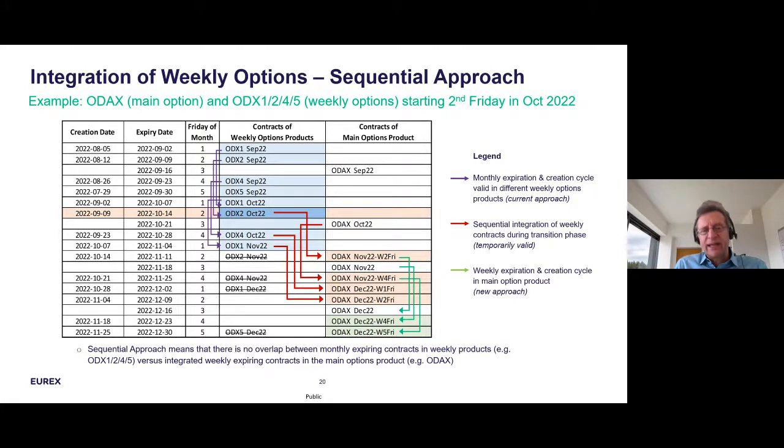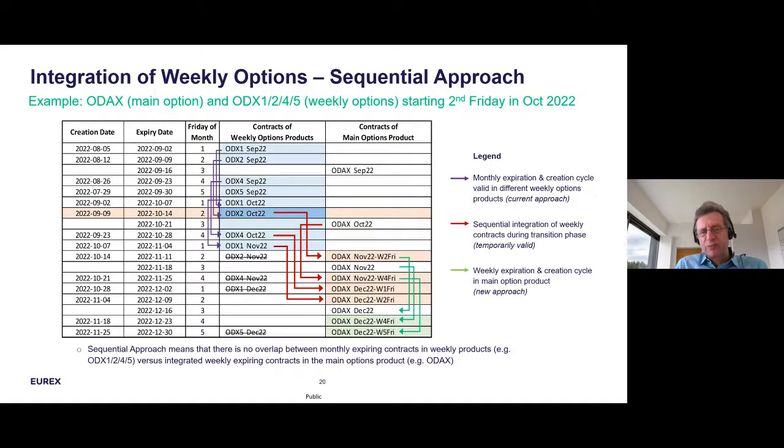And the last expiration, the 1st November Friday options: we would also suppress the creation of the 1st December option in ODX1 and instead create the 2nd Friday December option as integrated weekly expiring options in ODAX.